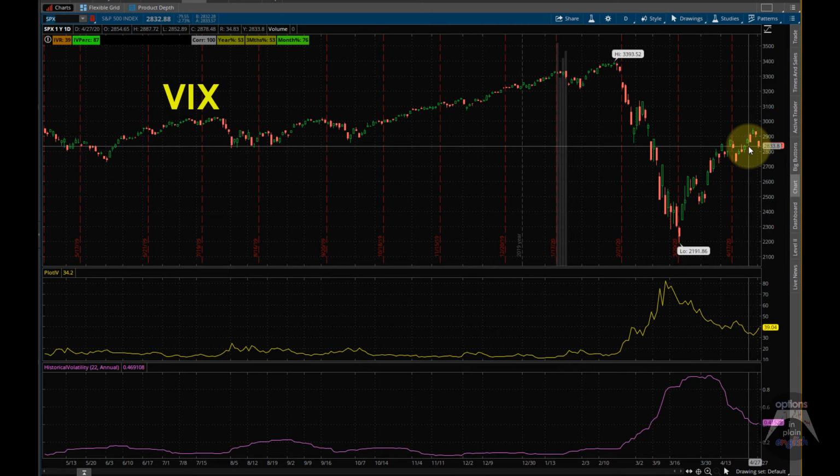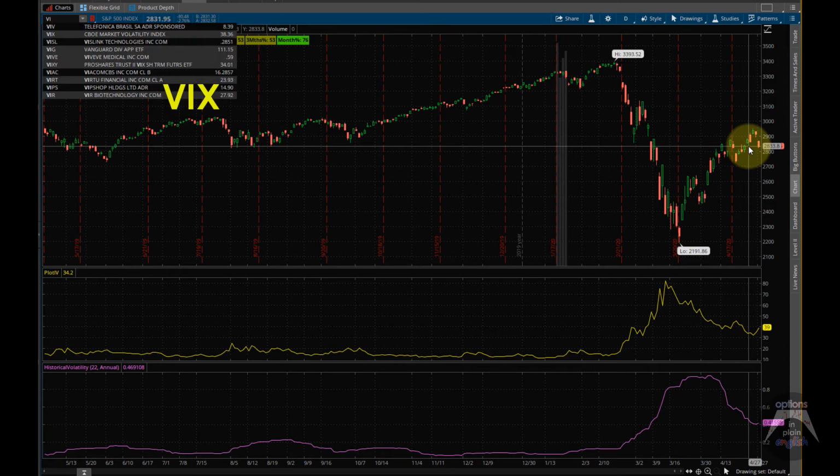Then you weigh them by how close to at the money they are, and also by how close in time they are to where you are today, and then you get the implied volatility in a very similar way to how you would calculate it for a certain stock or ETF. But when it's applied to the SPX options, you get a value known as the VIX.